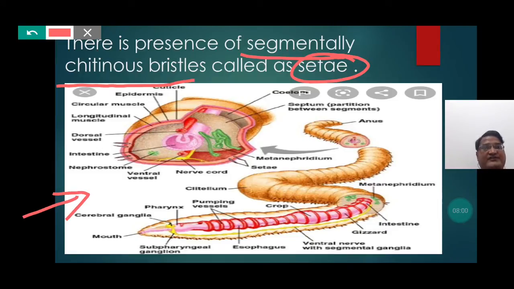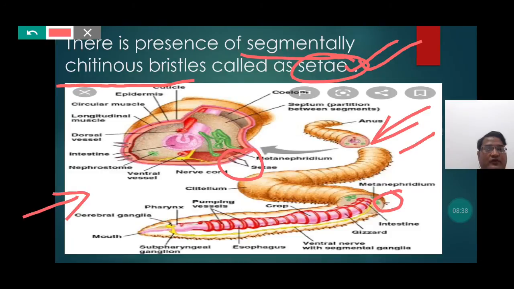So students, if we transversely dissect a part of the earthworm, we can notice that there is presence of chitinous bristles, which you also can notice here and even here, which remain present on the segments of the earthworm, and that is why it is called seta.